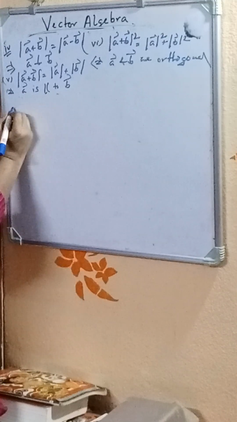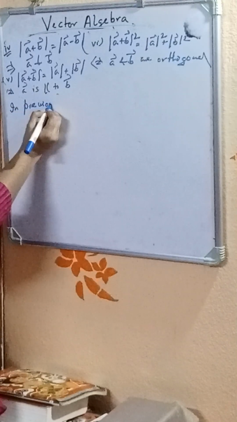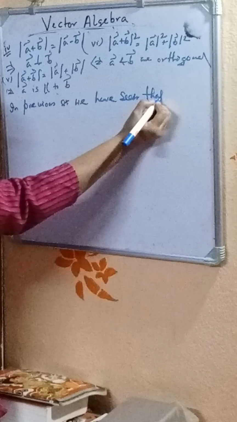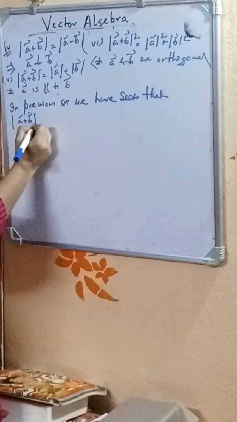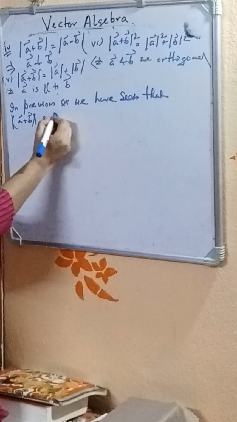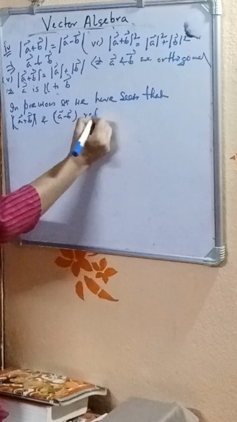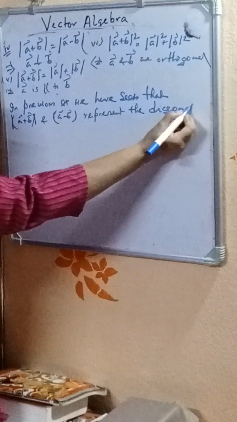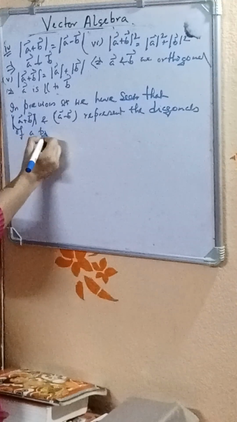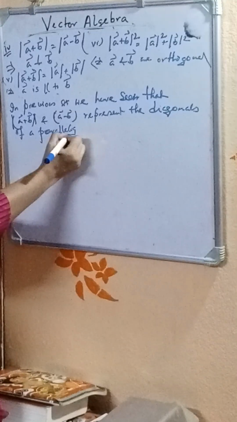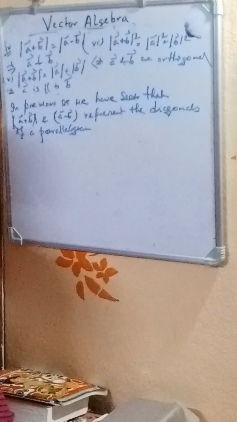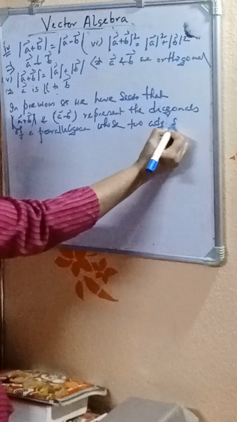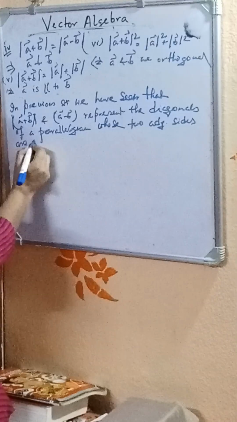Now, in the previous example, we have seen that a vector plus b vector and a vector minus b vector represent the diagonals of a parallelogram whose two adjacent sides are a vector and b vector.